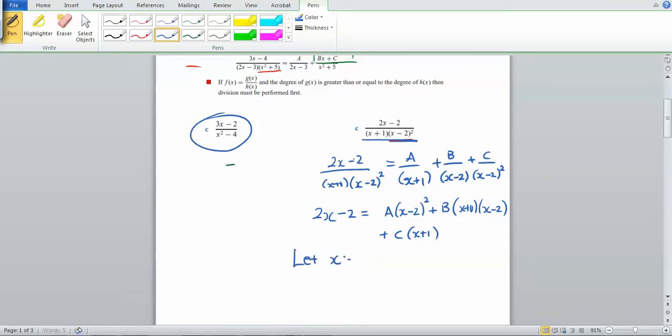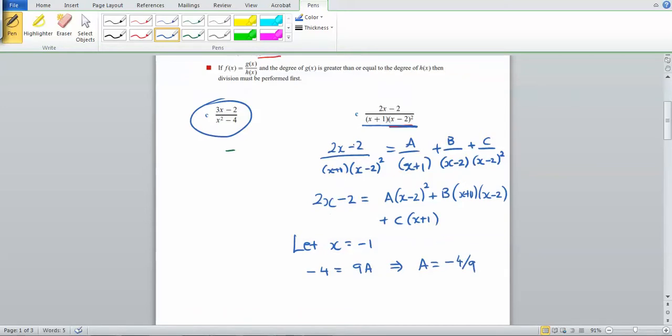So let x equal minus 1, which gives on the left-hand side minus 4 is equal to, now this is all going to cancel the B and the C, because if we let x equal minus 1, we're going to have 0 times C and 0 times B. So we've got minus 3 squared, which is 9, times A. So therefore A is equal to negative 4 over 9. So we've found what A is.